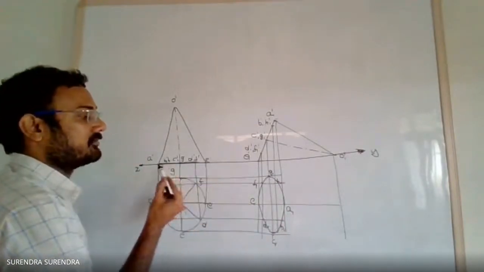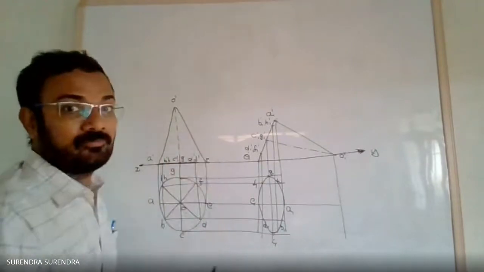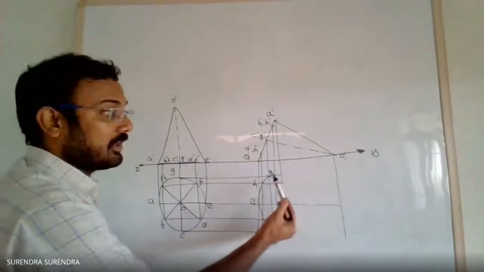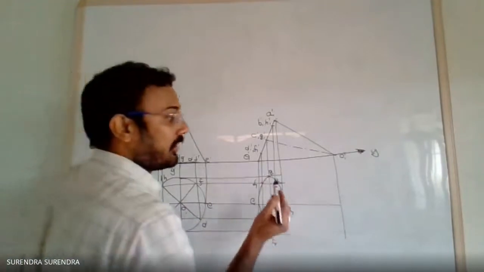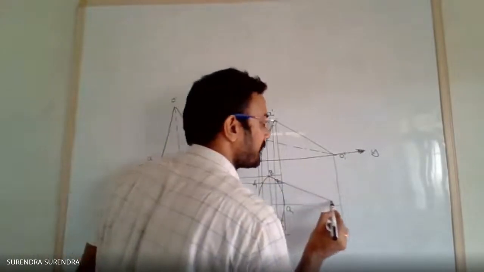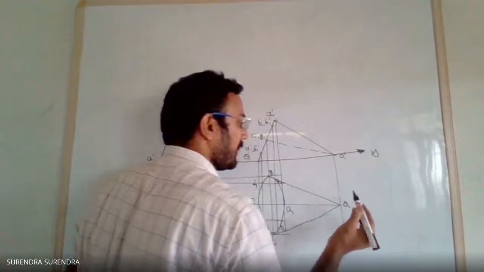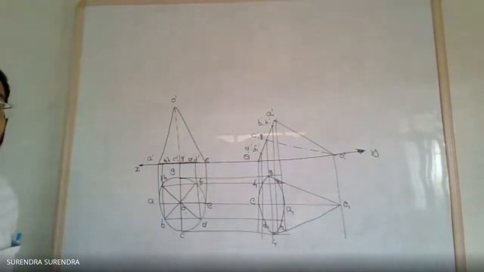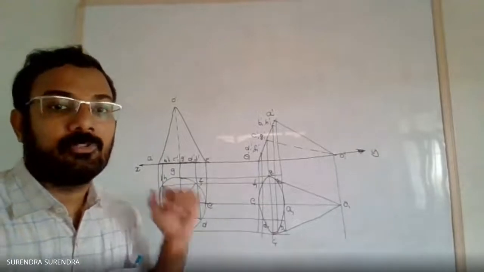Actually, here we have shown the lines AO, EO. And in this view, the outermost points are C and G. Join GO and C. The cone, top view.